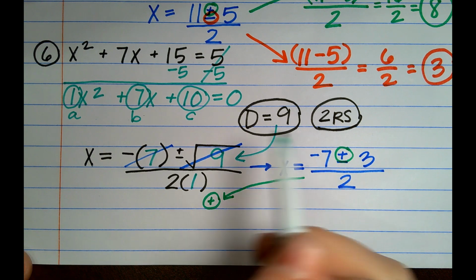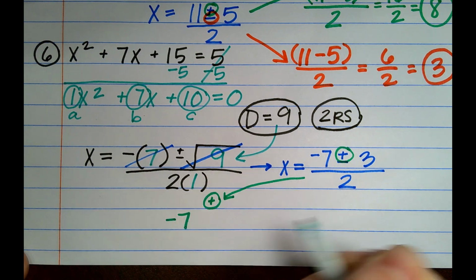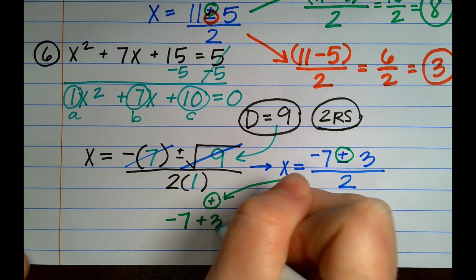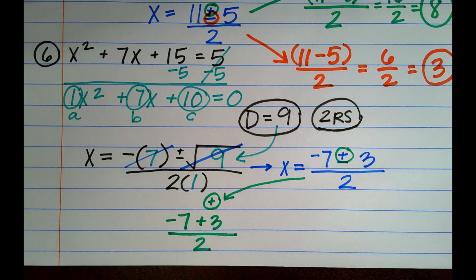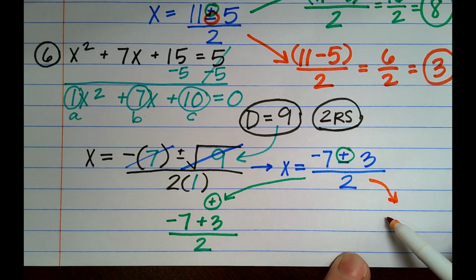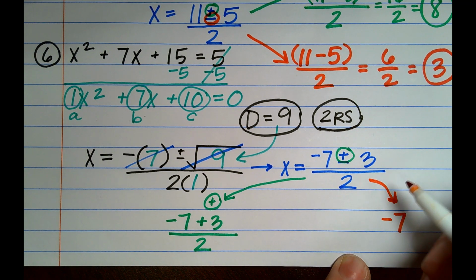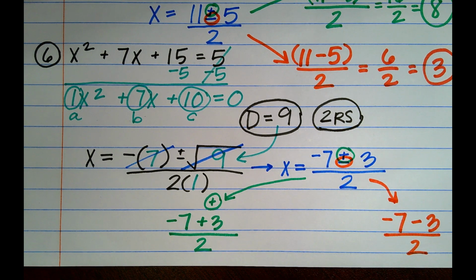You forget to copy it down as we go to the next. So we need to write negative 7 plus 3 divided by 2 and negative 7 minus 3 divided by 2.